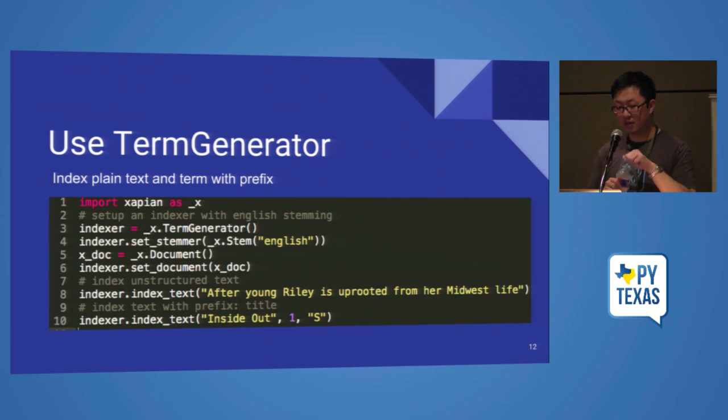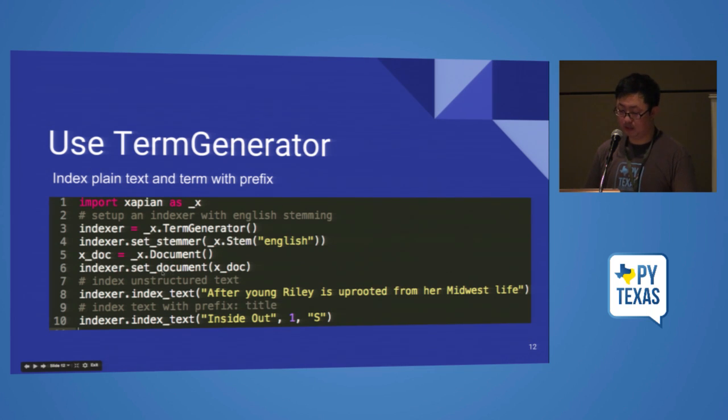Here is how we use the Xapian term generator to index plain text, or index a term with a prefix. First, we instantiate an object of term generator. We set the stemming to English, and we create a new Xapian document object called xdoc.